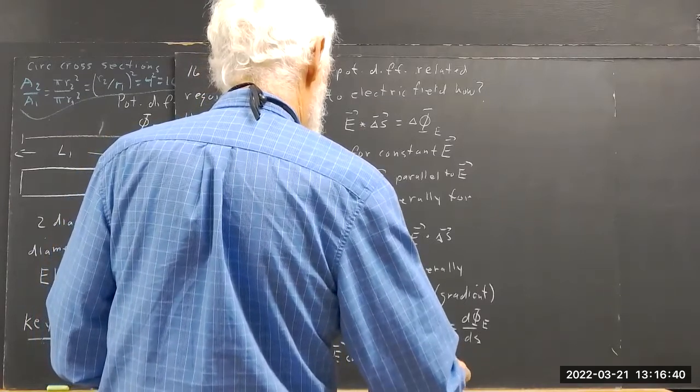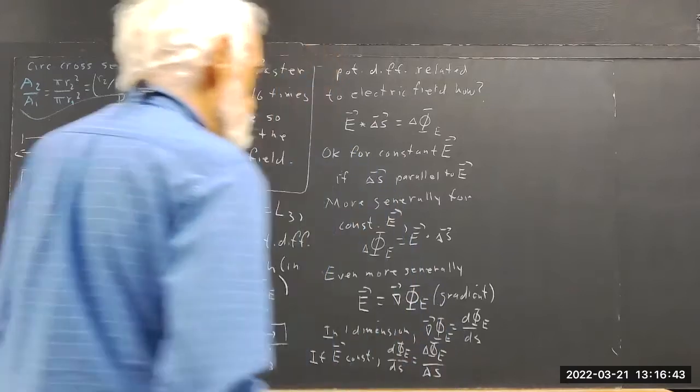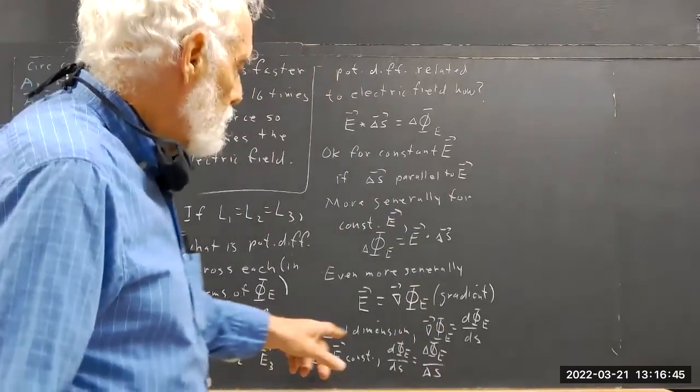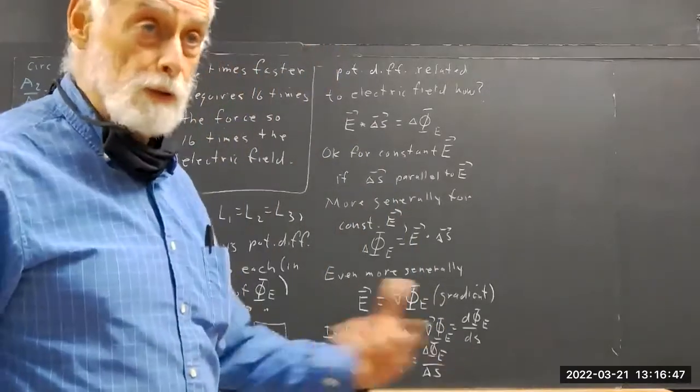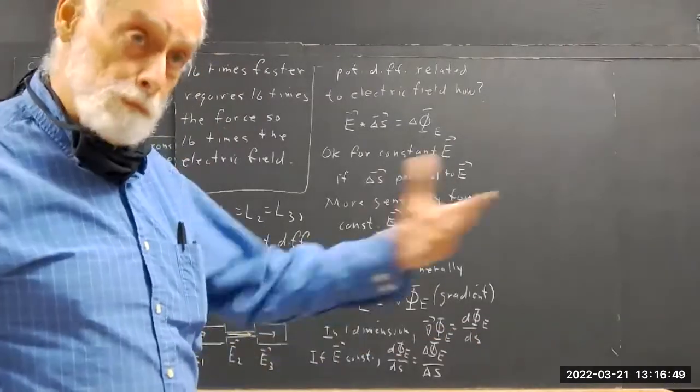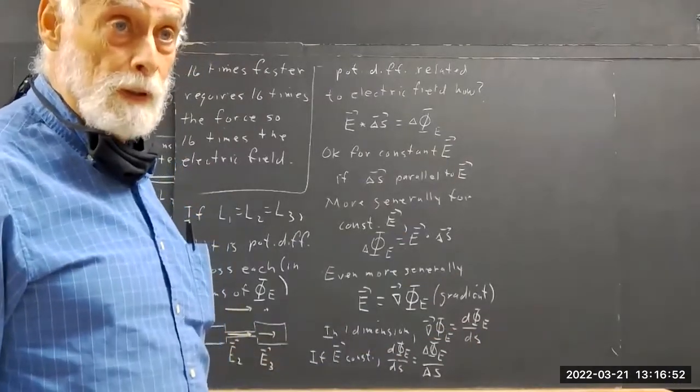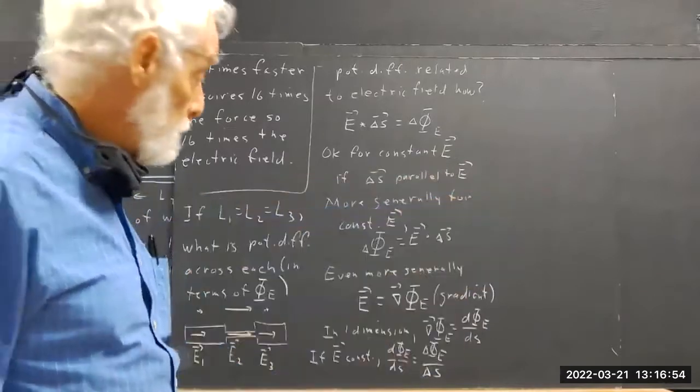In one dimension, it comes down to this: a gradient comes down to just a derivative with respect to displacement, a derivative with respect to position along the line.